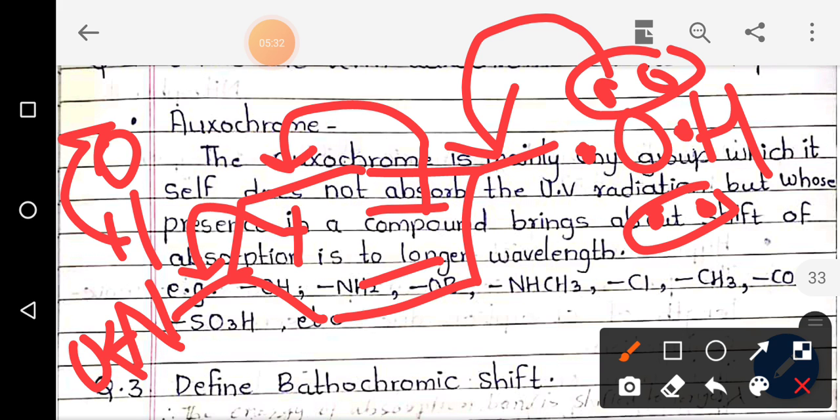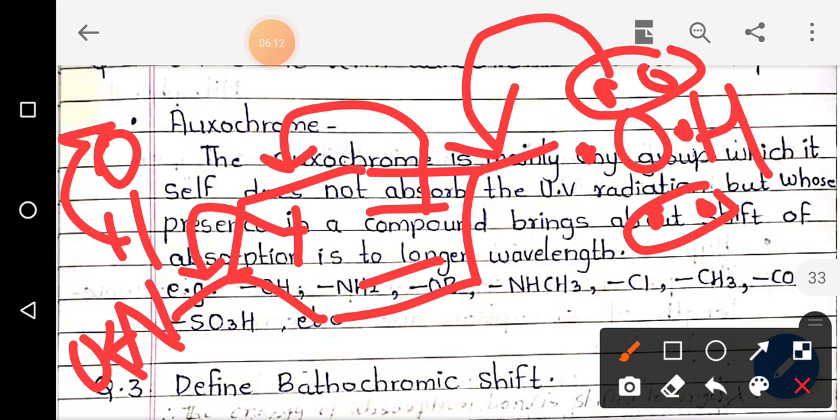Earlier it was absorbing a particular wavelength, but as it is attached with the oxochrome and the chromophore, the absorption wavelength increases and becomes longer, and the intensity of that particular compound increases.